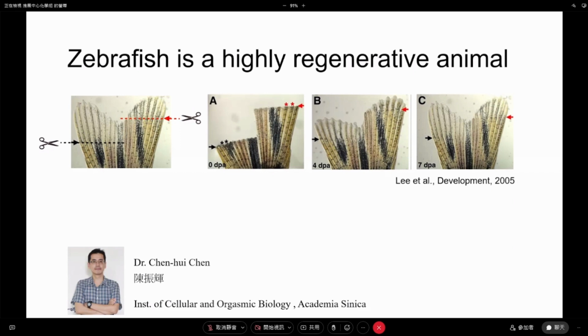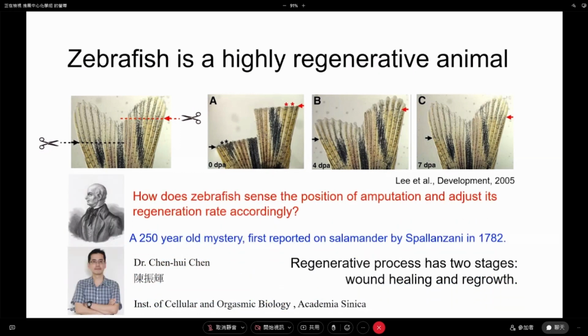So the question is, how does the zebrafish know how much tissue it lost and grow at a correspondingly faster rate? And this is not unique to zebrafish. About 3 centuries ago, it was reported in salamander, and also in many other highly regenerative animals like starfish.